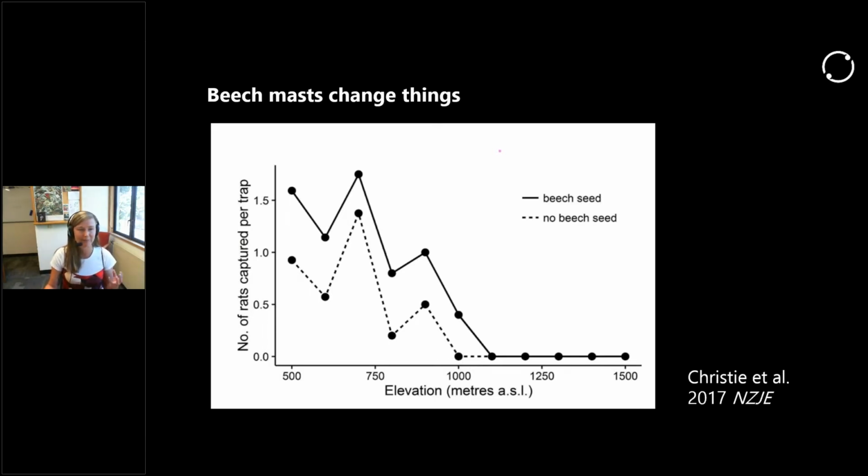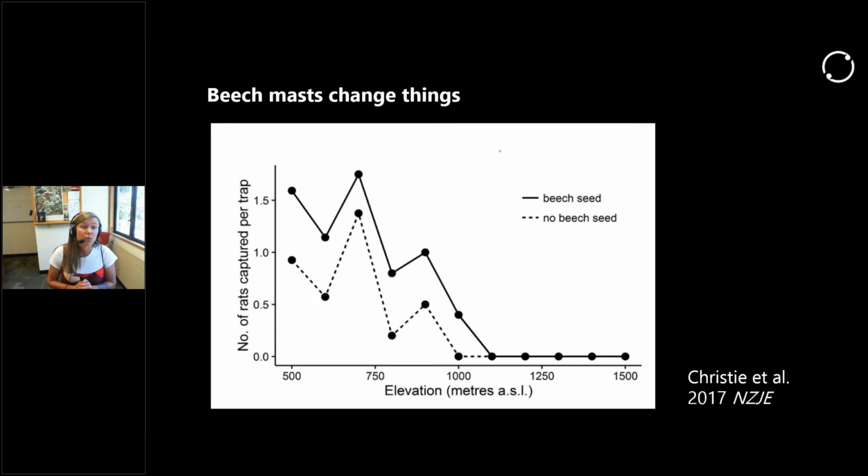So what's the mechanism behind this sudden change? It could be that rats always live in these cold, high elevation forests, but just at incredibly low densities. And then when they get this flush of resource in a mast, they can suddenly breed and become detectable. Alternatively, in a mast year, there could be this upwelling of rats from the valley floor where we suddenly start detecting them up high.